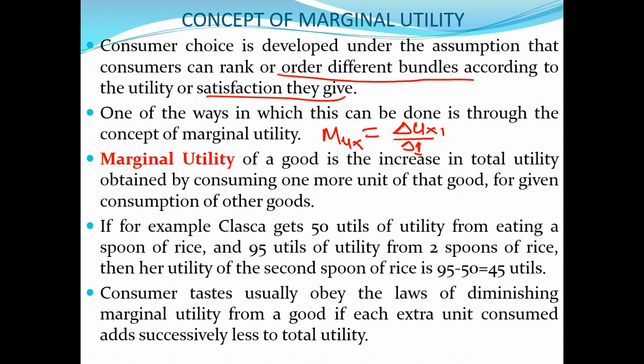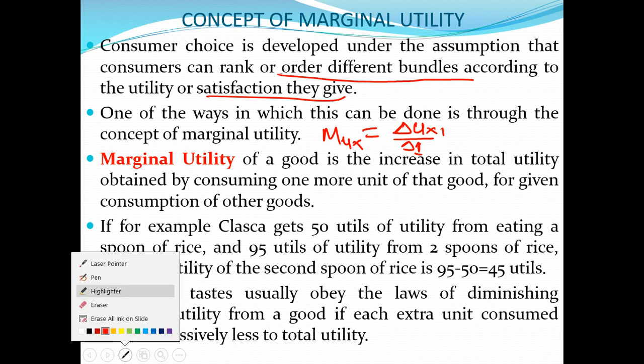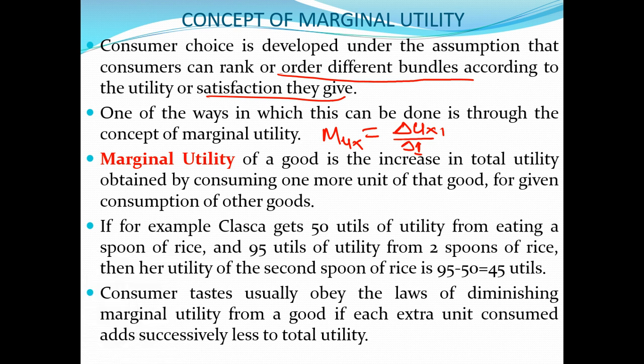By using the concept of marginal utility, we can find the best ways of ranking these different utility levels that consumers derive from the consumption of these various commodities that they consume.